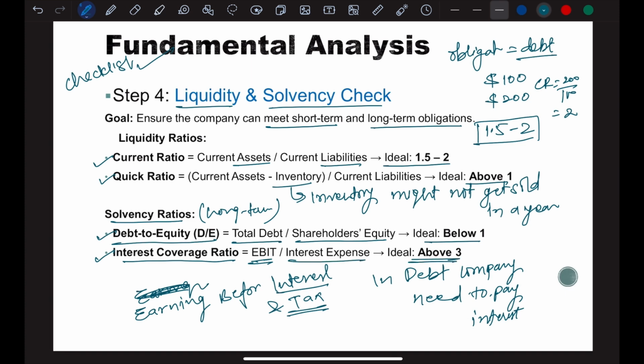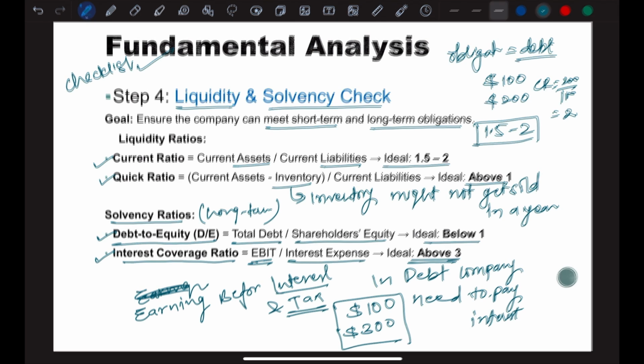And if it is above 3, a ballpark range, say the company has an interest expense of $100 and is generating EBIT of $300, then we can say the company is generating enough earnings before interest and tax to cover its expenses, and a number above 3 could be seen as a good ballpark range.